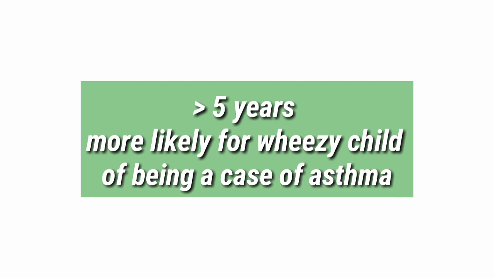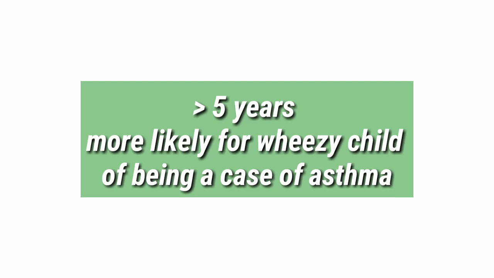When you take history, you will check whether the patient has a history of atopy, a history of repeated episodes of bronchospasm, a history of repeated episodes of wheeze that are responsive to bronchodilators in the form of nebulization. So it will be easy for you to label a patient as asthmatic after the age of 5 years.